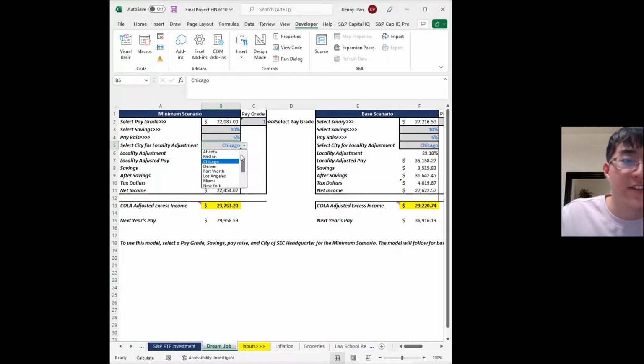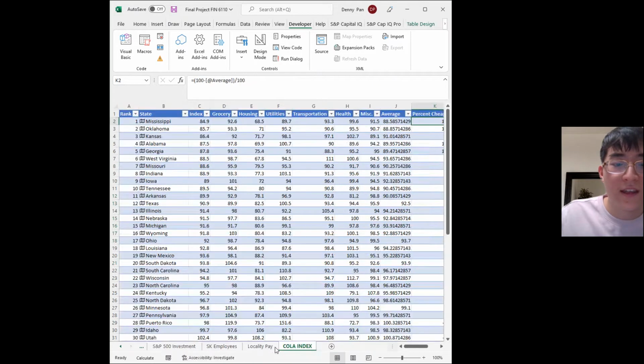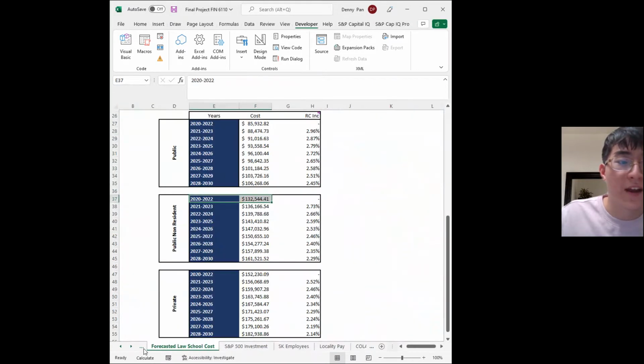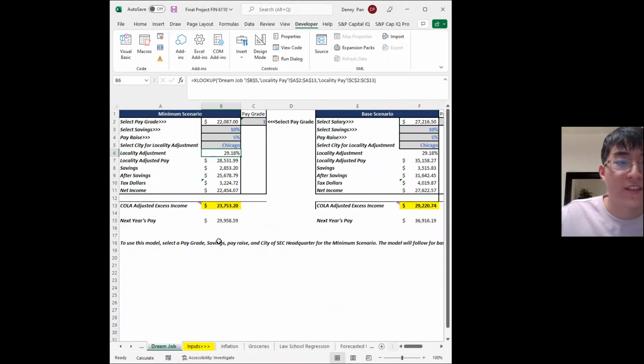And then inside here, there are about 12 headquarters cities that you can work in at the SEC. The locality adjustment here is based off of the locality pay, so you get extra money if you work in any of these states versus the minimum pay, right? In this case, this is the absolute minimum you can have in this job at pay grade 1.